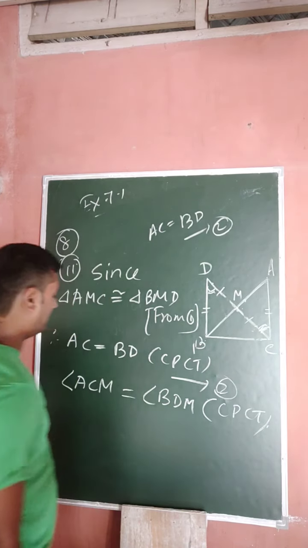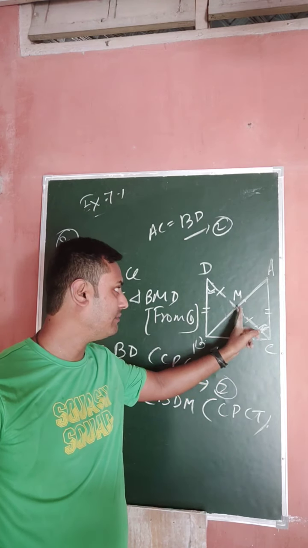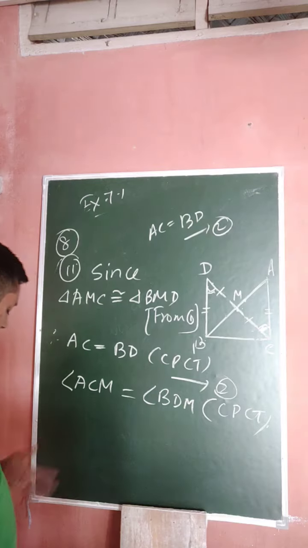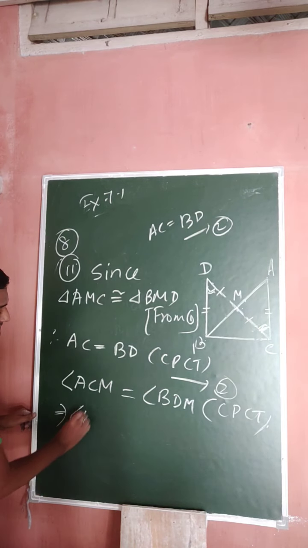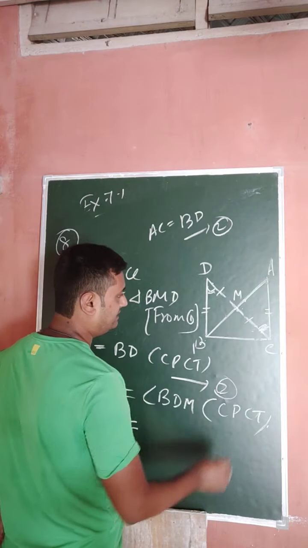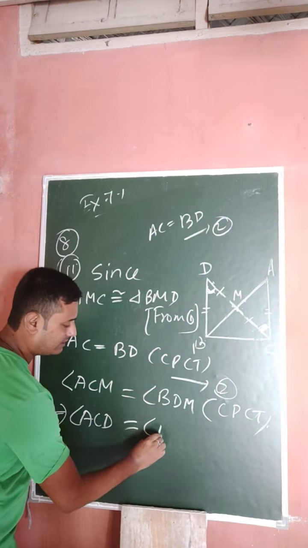Okay, now look carefully. Instead of ACM you can write ACD. Okay, same thing. ACM and ACD will be the same angle representing this angle, or instead of angle BDM you can write BDC, the same angle.